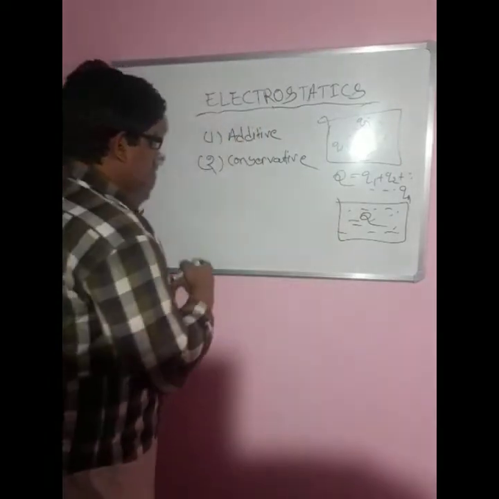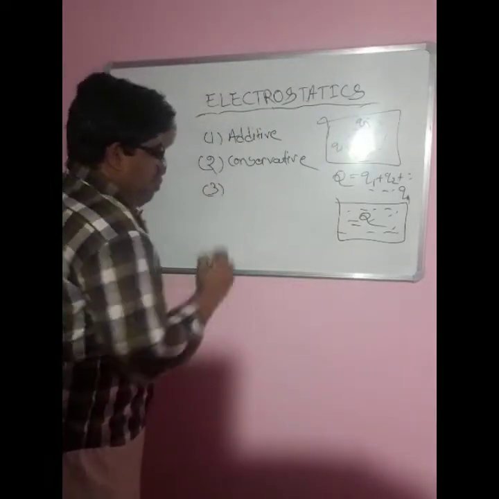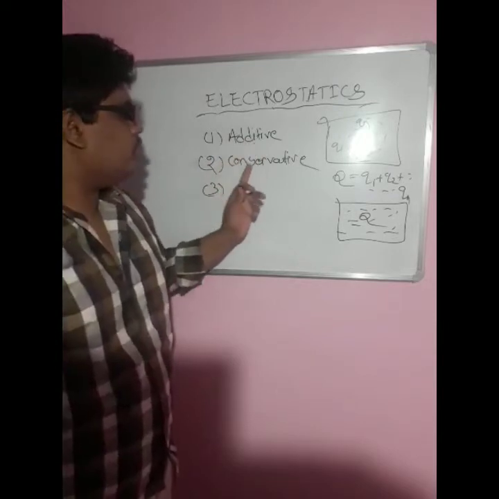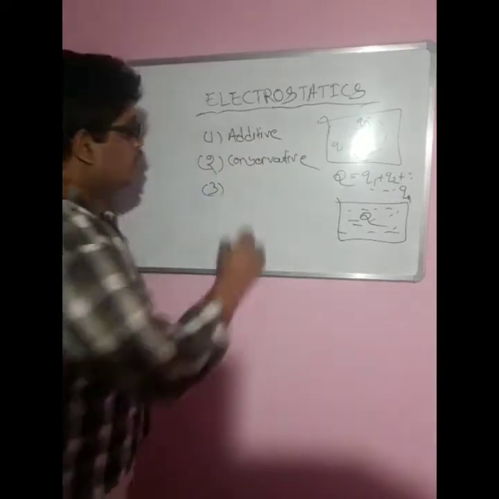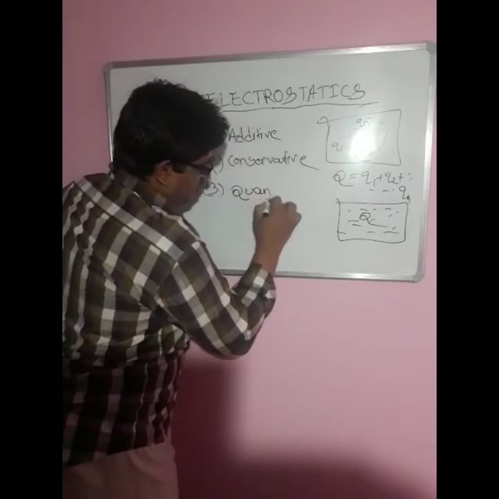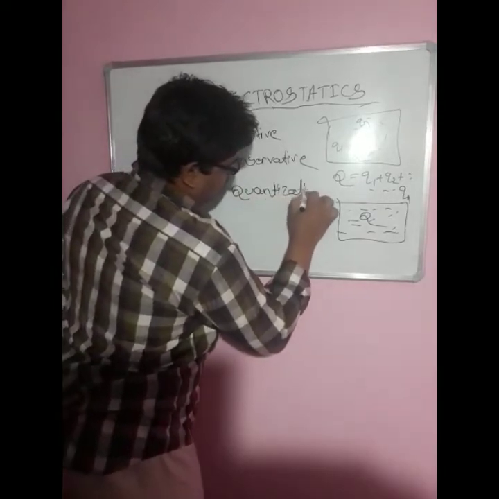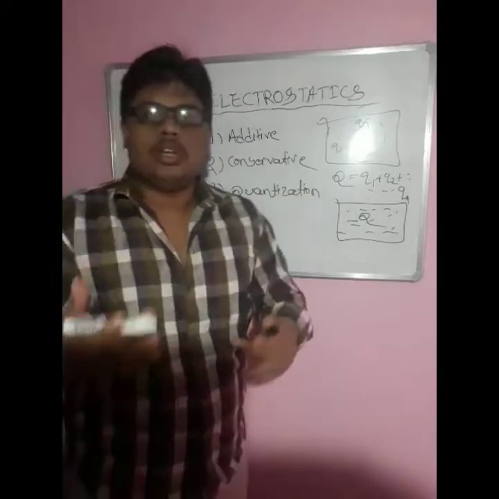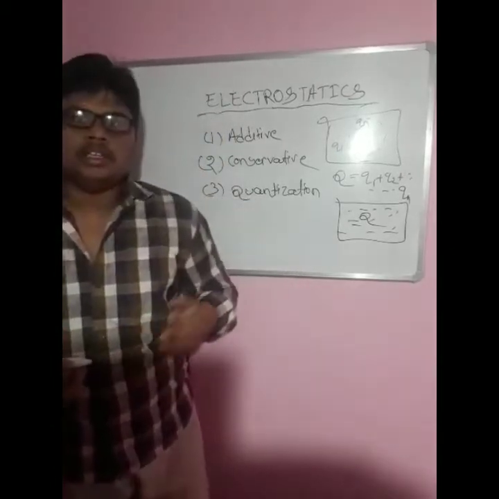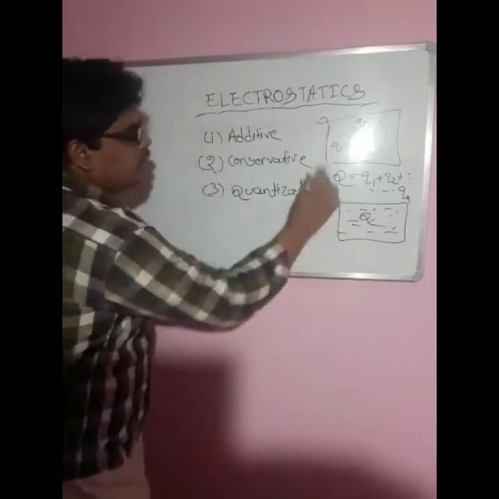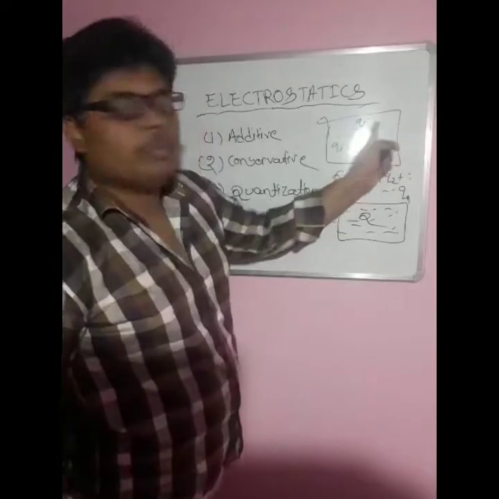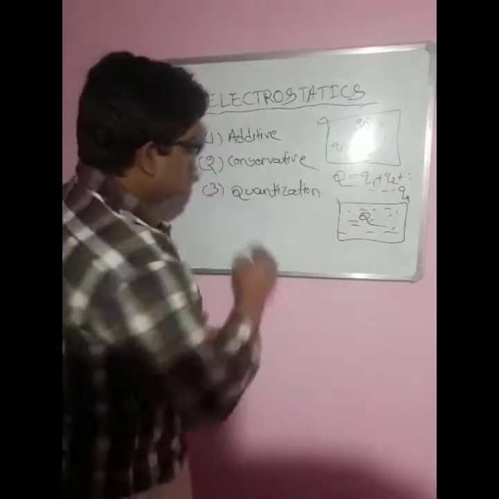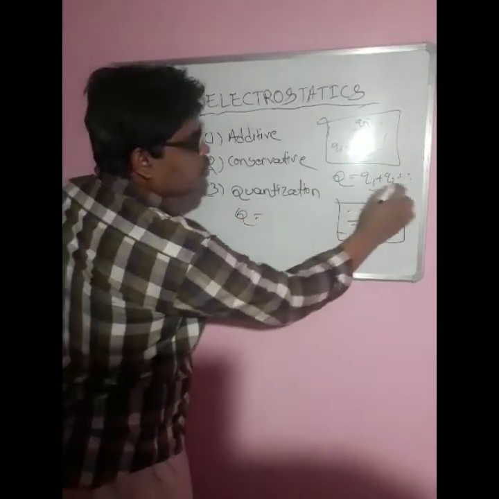Next, the third property. One is the additive property, then the conservative property, and then quantization of charge. Quantization means calculation of charge. How do we calculate the charge? See, this is a system having a number of charges. What is the total charge? Q is equal to Q1, Q2.